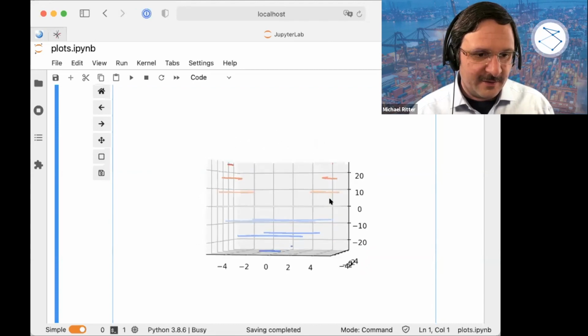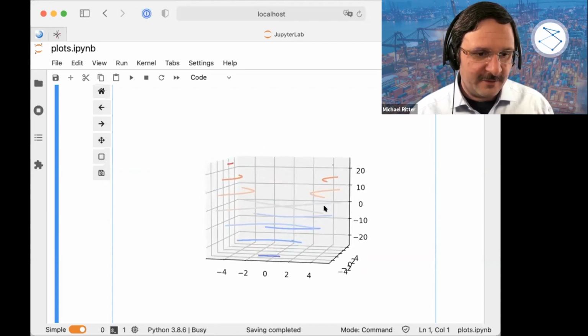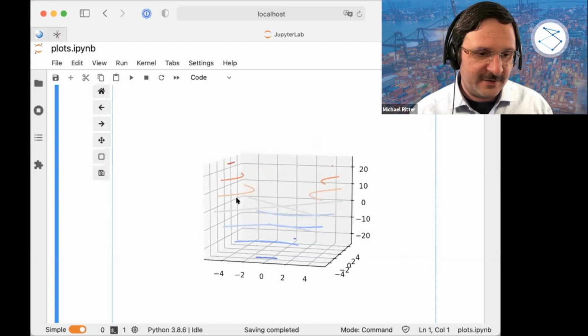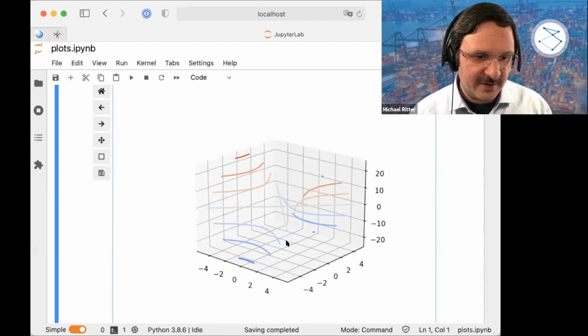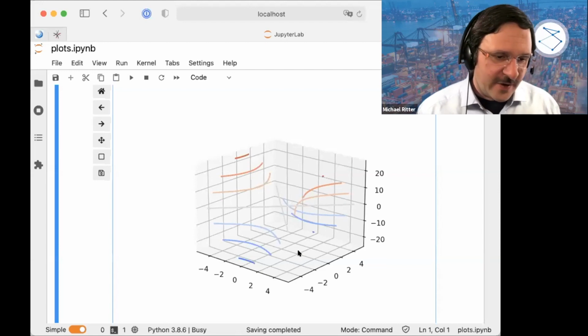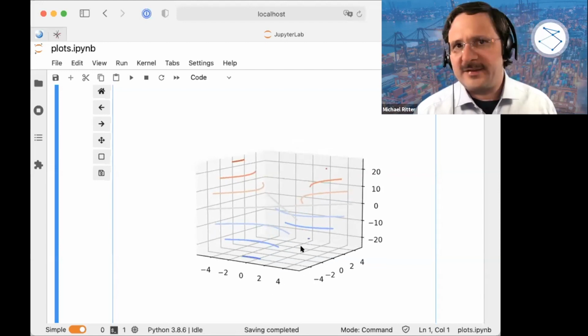If you look at the graph like this, you can see these lines here on both sides, and the blue lines down there again on both sides. Let me rotate that a little so I can see both, one in the front, one in the back. And you can also see the gray cross here in the middle. That's basically where the saddle point is.